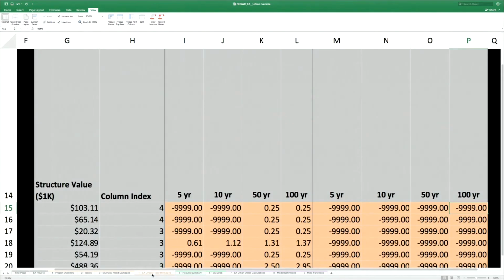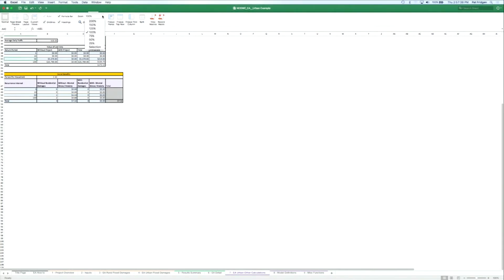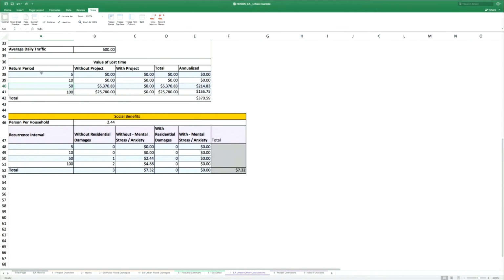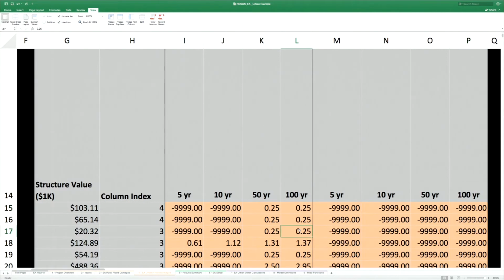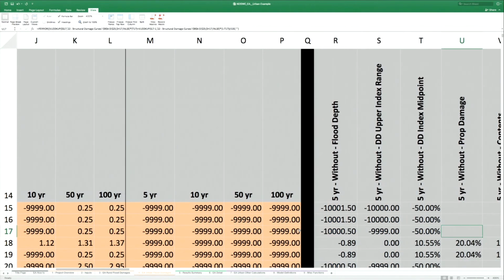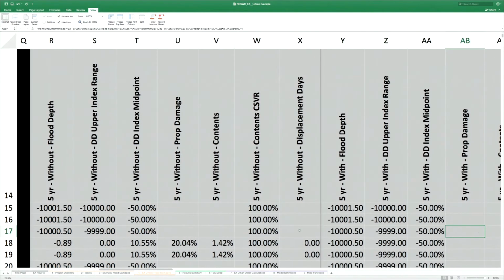So it goes through the same process. Damages are calculated. The model also computes, let's see here, this is where the transportation impacts occur. So, where am I looking? Okay, so for each of these categories, the model then pulls a relative depth damage curve.